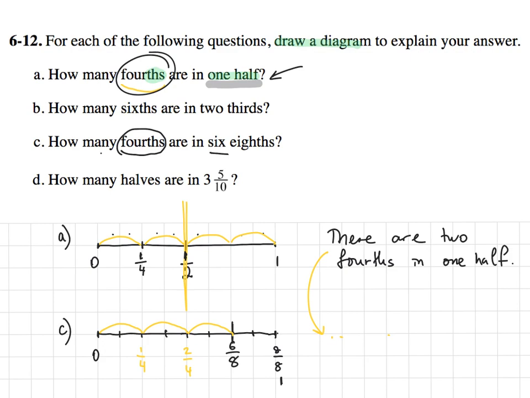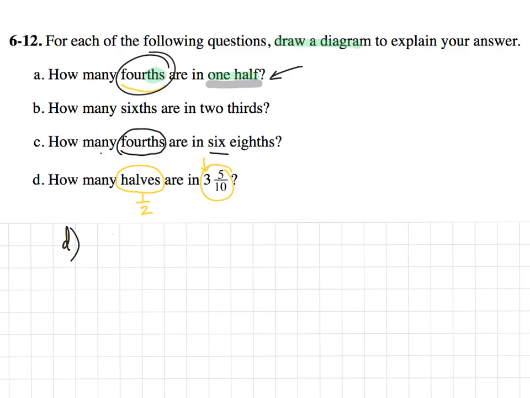It says how many halves? So halves is 1/2. That's what it means, of a whole. So how many halves are in 3 and 5/10? So definitely a different picture because we have 3 whole numbers. So I need more space. So for letter D, because I'm only going to be counting halves, my whole does not need to be too large.